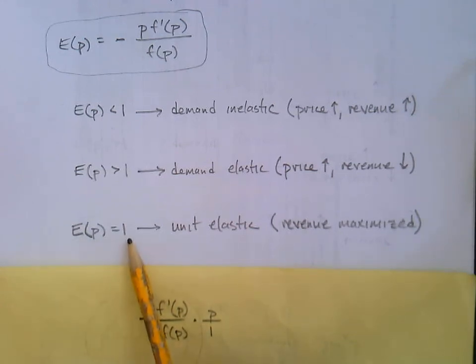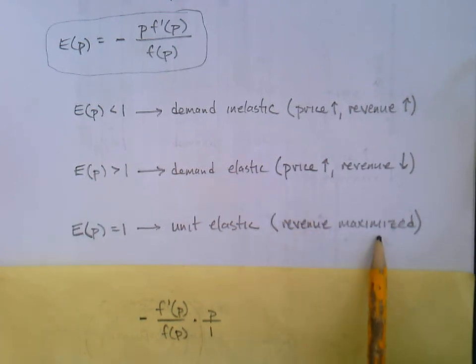If E of P equals 1, then we say it's unit elastic, and the word unit just comes from the fact that it's equal to 1. Unit elastic is really the ideal. Your revenue is maximized. If you were to do anything, raise the price, lower the price, then your revenue would drop. And we don't want that. So really we want to achieve unit elastic and then hold it.